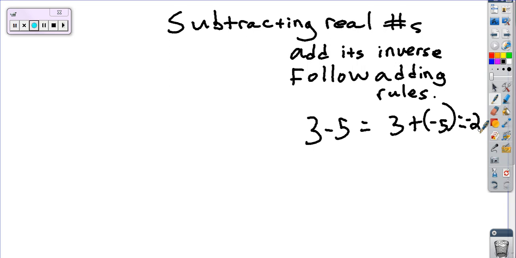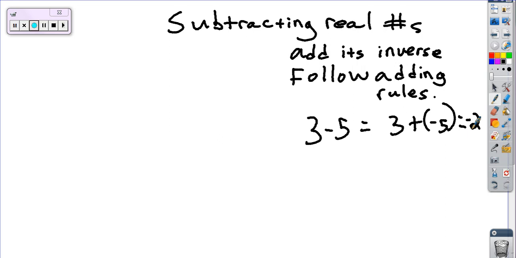The answer would be yes. These are two integers. We're subtracting them, even though we're adding them, and we still get an integer as an answer. So it's closed under subtraction. Does this also hold for all real numbers?